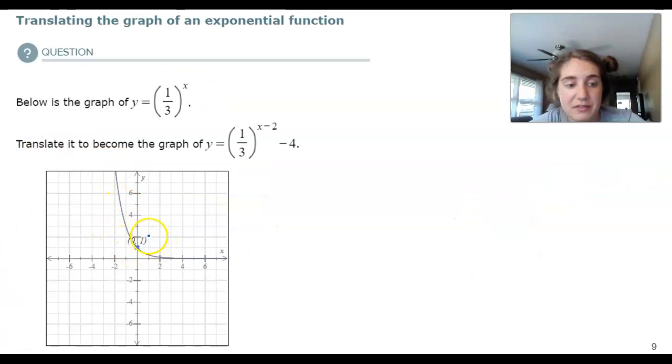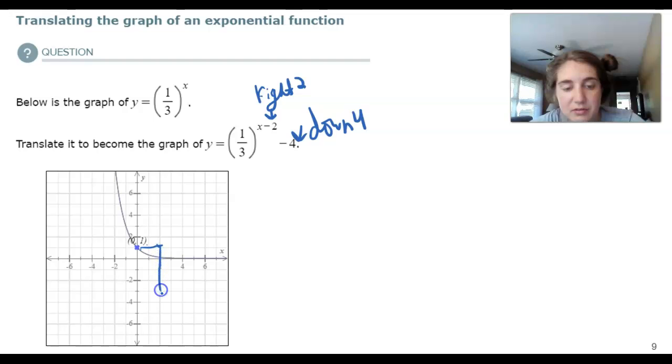This is how the graph naturally is. This is going to go right 2, down 4. This also means my asymptote is now at -4 instead of 0.